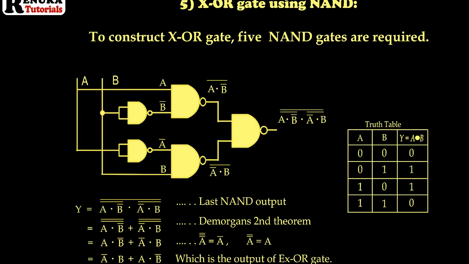So we will get A dot B complement plus A complement dot B. We can rearrange it as per the Boolean equation of XOR gate. So here we will get A complement dot B plus A dot B complement, which is nothing but the output of XOR gate. If the variable values are put in this equation, we will see that the output will be just the same as that of an XOR gate. So we can also construct XOR gate using NAND gate too.